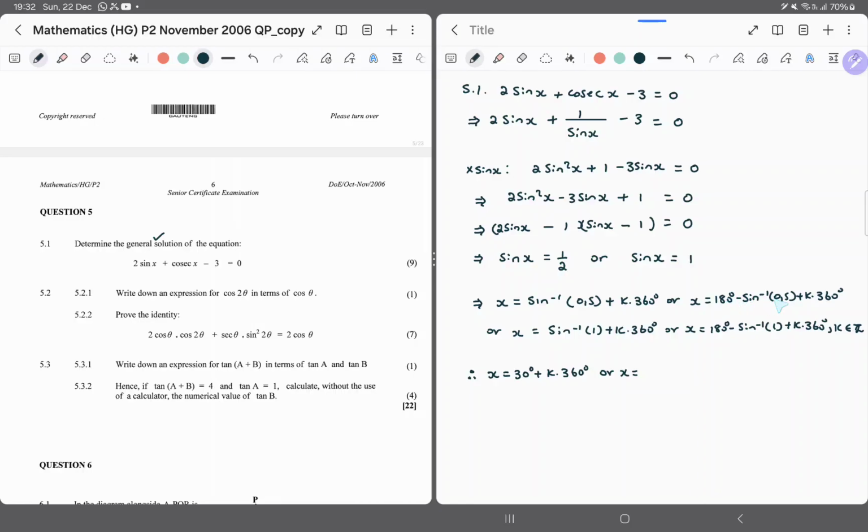Or x is 180 minus 30, gives us 150 degrees, plus k times 360 degrees, or x is, arc sine of 1 is 90 degrees, 180 minus 90 degrees is 90 degrees, so we just write this one as 90 degrees, plus k times 360 degrees, where k is an element of integer. So please don't forget to write that every time. So this is the general solutions.